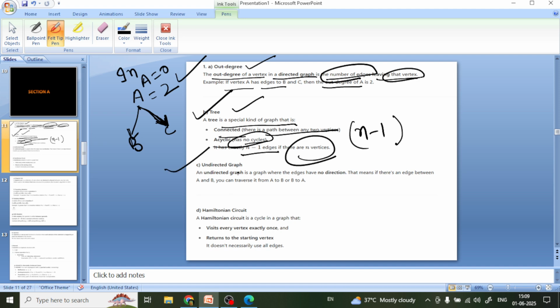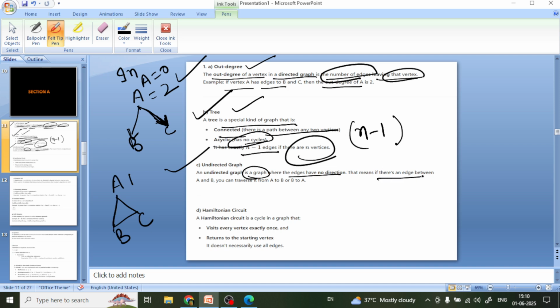Now next question, undirected graph. An undirected graph is a graph where edges have no direction. This is a directed graph, but if you are given this type of graph, this is called an undirected graph.